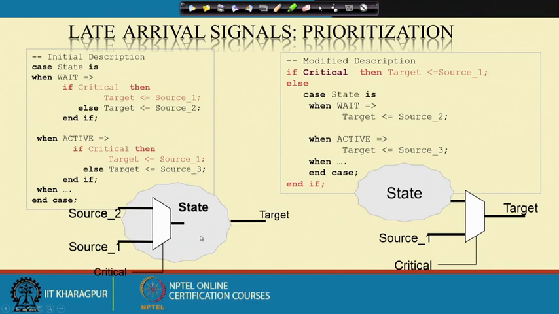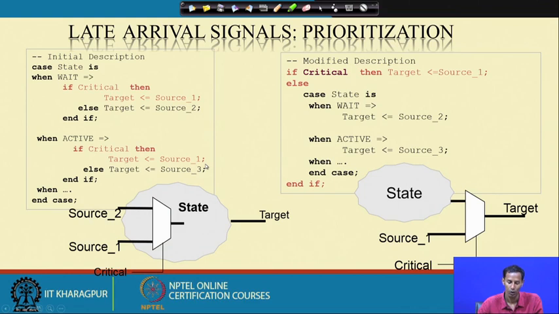Okay. So, here if you see that in any of the states, whenever I find critical, the target is selecting source 1. Okay. Otherwise, it is selecting source 2 or source 3, in active state or in wet state.